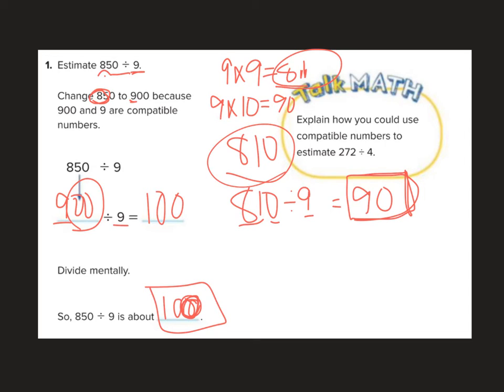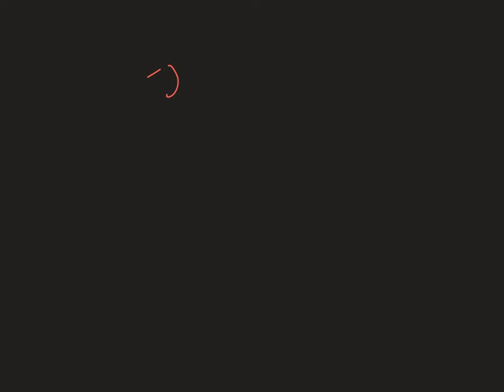So let's read our talk math here. Explain how you could use compatible numbers to estimate 272 divided by 4. Let's look at that one on the next page. 272 divided by 4. Okay, so I'm going to take these first two numbers here and think of multiples of 4.